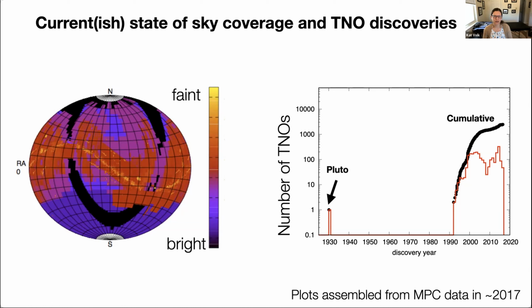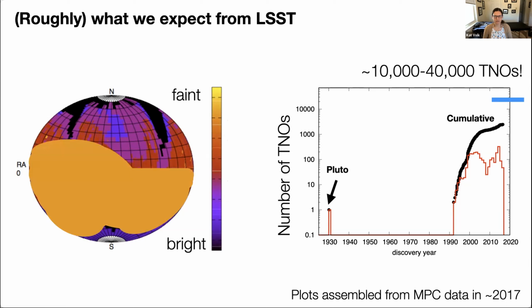The left plot shows the sky distribution in RA and Dec of our deepest surveys in yellow versus our much shallower all-sky surveys in purple. When we have LSST, very notionally, we're going to have a huge portion of the sky covered to much deeper magnitudes. And the expectation is that instead of a couple thousand, we're going to have a couple tens of thousands of TNOs to play with.